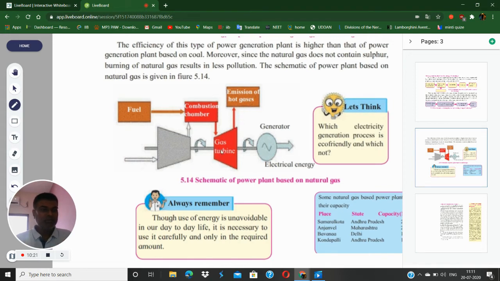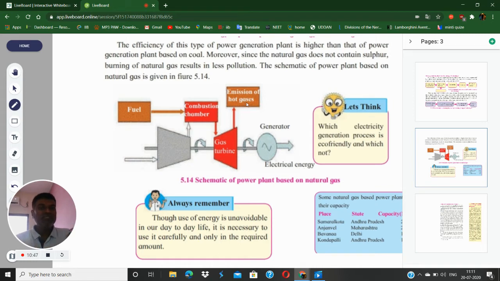Due to that, the turbine rotates and drives the generator, where mechanical energy is converted into electric energy. That is an indication of AC current, alternating current. And thus we have obtained electric current, electricity, electrical energy here.